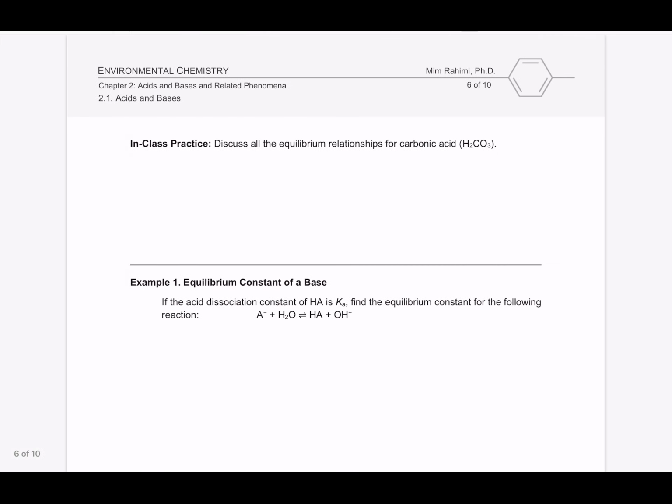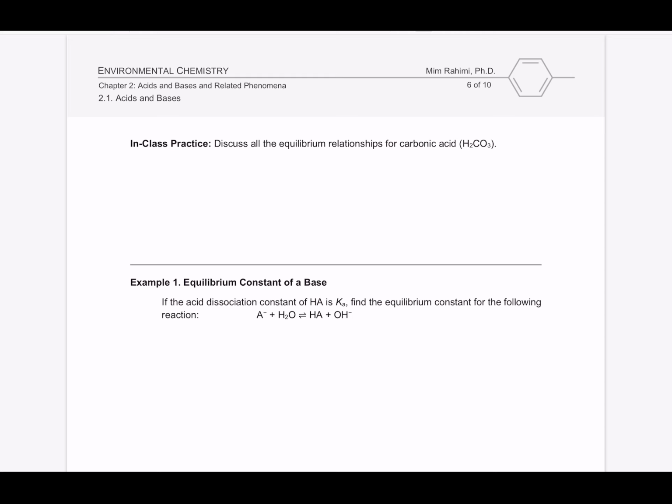As a quick example, we can look at carbonic acid. What kind of acid is this in terms of monoprotic or polyprotic? Polyprotic, okay, exactly. Why is that? We have two protons per one molecule of the acid.